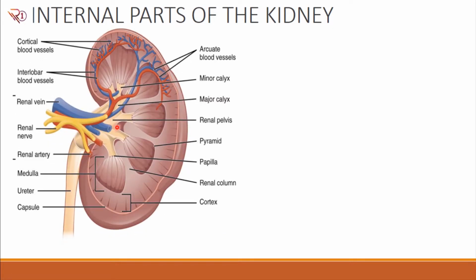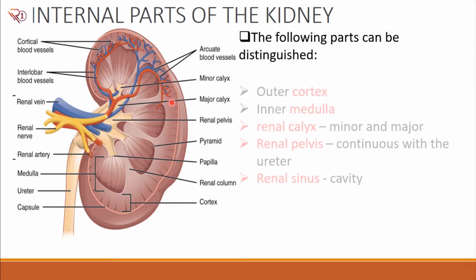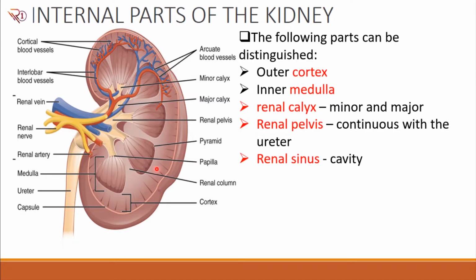So internally, what do we see? So this is the internal structure of the kidney. Internally, we can see the outer cortex, the inner medulla, and then we can also see the renal calyx. These renal calyces are divided into minor and major.